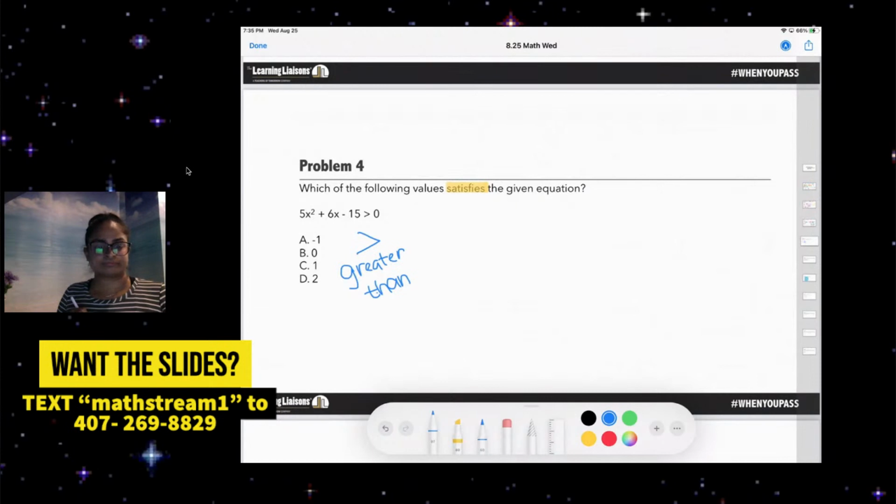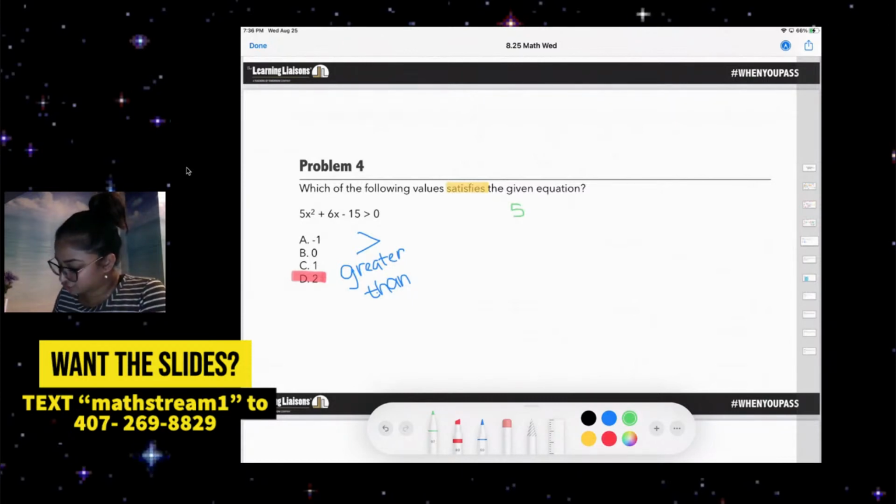So if it's greater than 0, I'm gonna just start with the larger numbers because I'm looking for a number that's gonna give me such a large value that it has to be larger than 0. So I'm looking for big numbers. So my hint to you when you're taking the exam is start with the larger numbers for greater than. For less than, we'll start with the smaller numbers because we're looking for stuff to be smaller. So if I start with larger numbers, that means I'm starting with D. Let's try it out and let's see what happens.